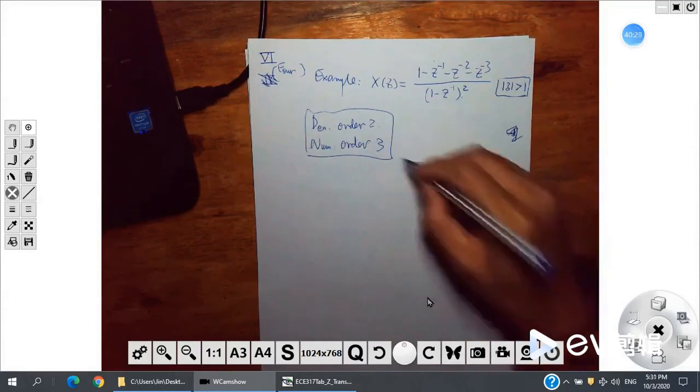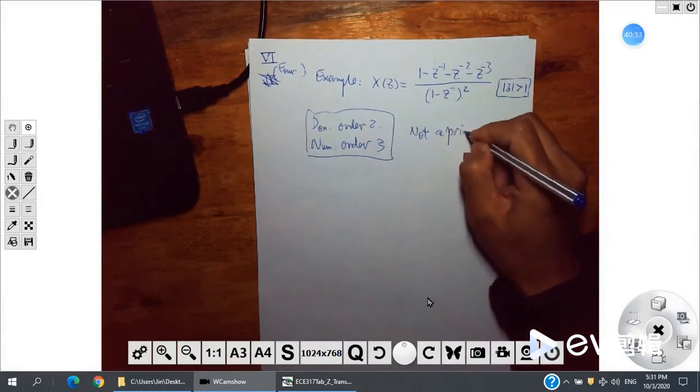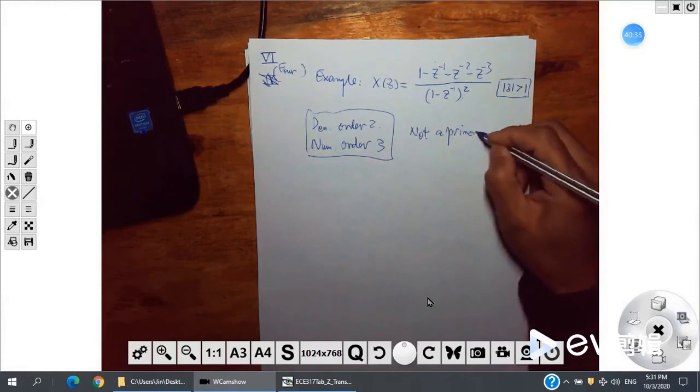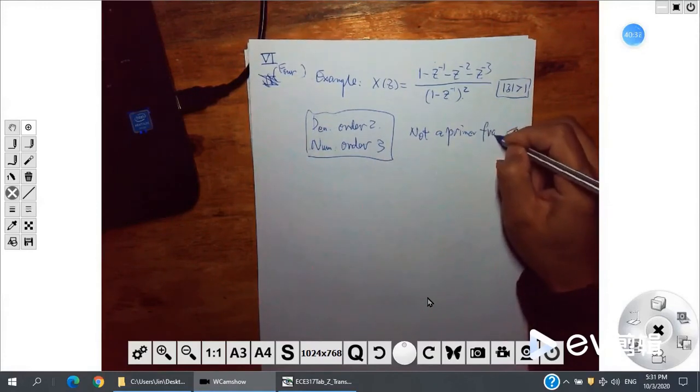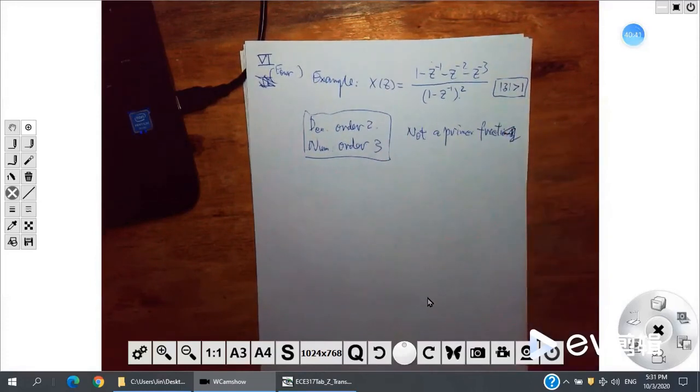This is not a proper fraction. In the previous case we considered, it was a proper fraction, but now it is not. So we need to do some change. And here actually we can work in two ways.